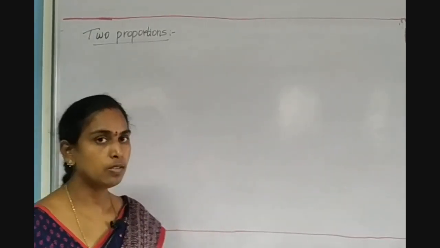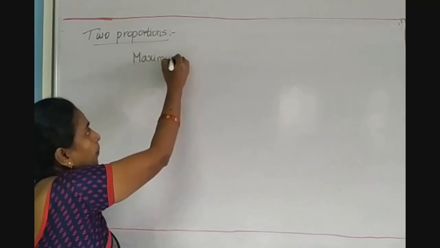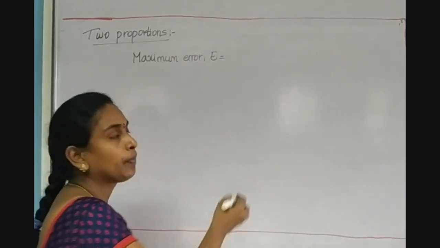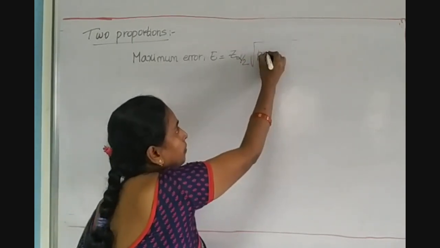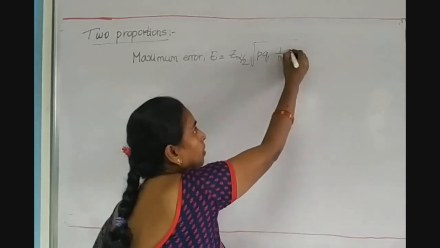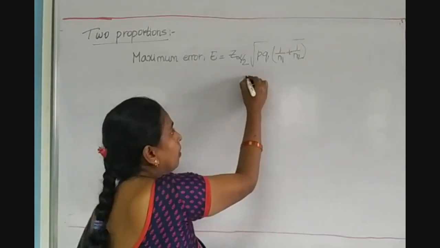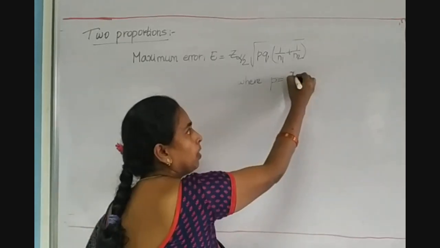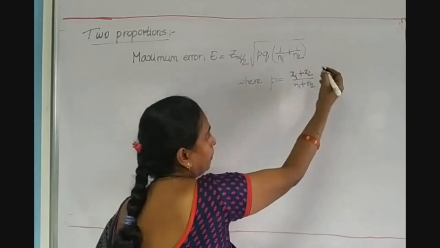For two proportions, the maximum error E is given by Z alpha by 2 into square root of PQ into 1 by n1 plus 1 by n2, where P equal to x1 plus x2 by n1 plus n2.